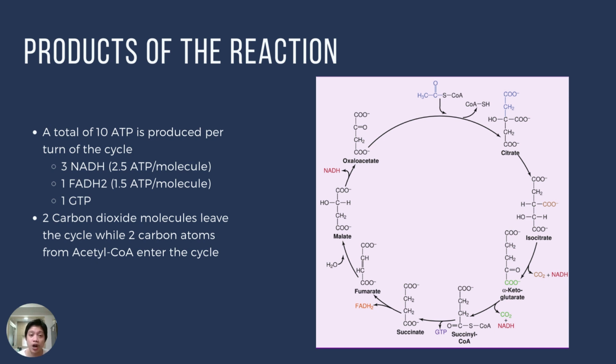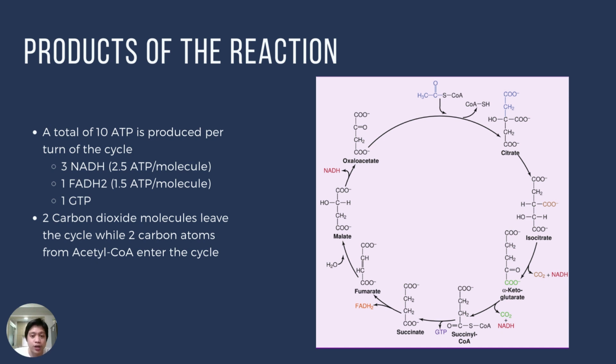It is important for us to take particular note where in the cycle carbon dioxide leaves. So, carbon dioxide is liberated from the oxidation of isocitrate and from the oxidation of alpha-ketoglutarate. Where in the cycle are the 3 NADHs liberated? 1 NADH will be liberated from the oxidation of isocitrate.